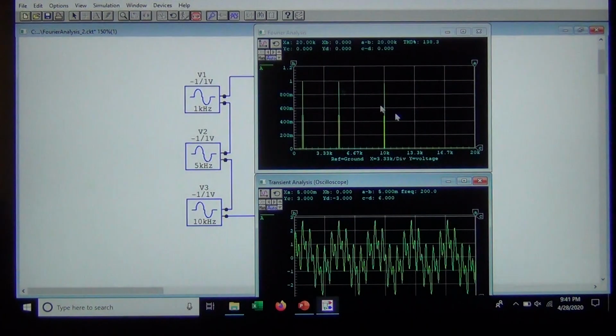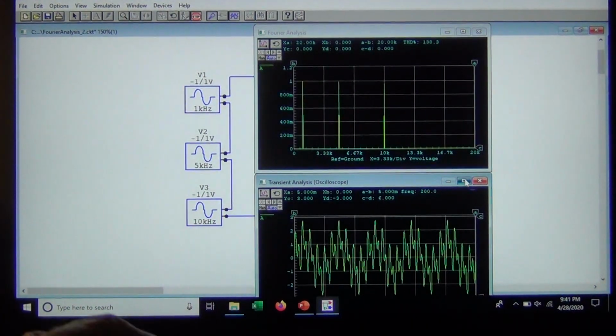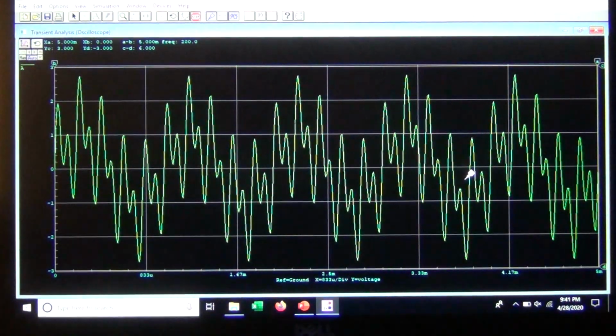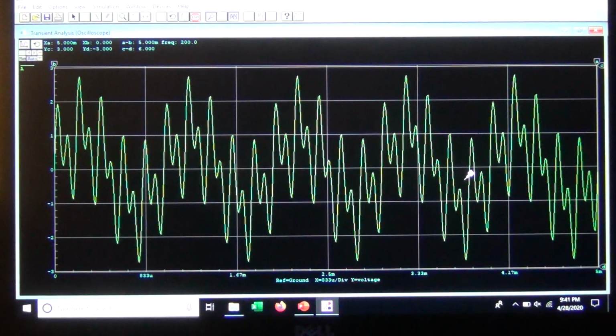So if I blow this up, here's what I see in an oscilloscope. Now you may have seen this in a television show or a movie where somebody's talking into a microphone, and on an oscilloscope display you see somebody speaking. Here you see the combination of the 1, 5, and 10 kilohertz signals, but they're jumbled up.